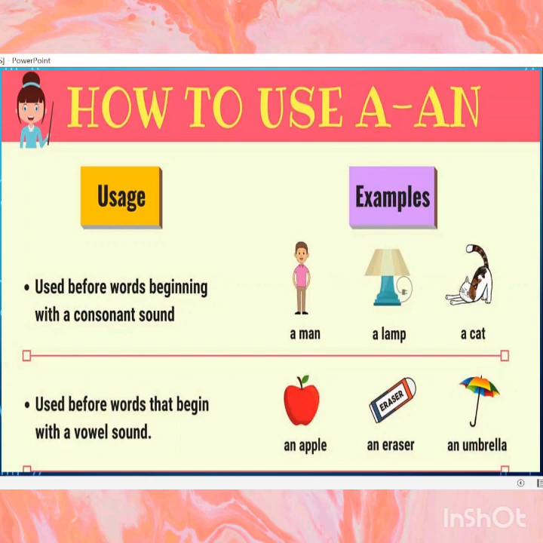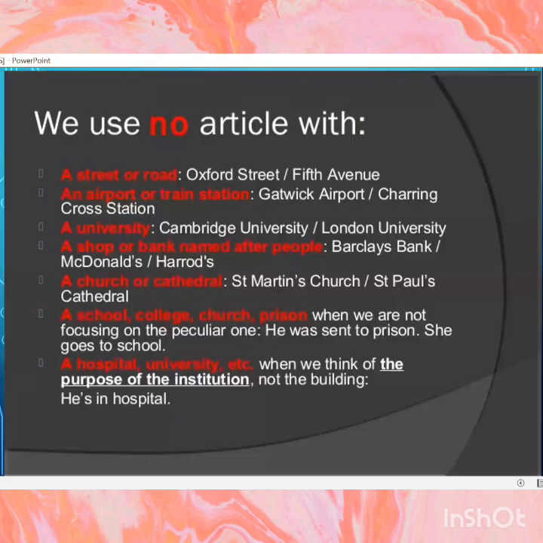In all these phrases, man begins with M, lamb begins with L, cat begins with C, which are all consonants. An is used before words that begin with a vowel sound. For example, an apple, A is a vowel; an eraser, E is a vowel; an umbrella, again U is a vowel sound.